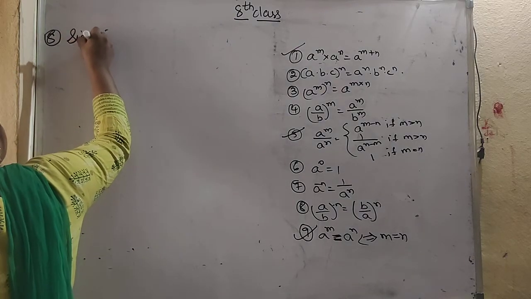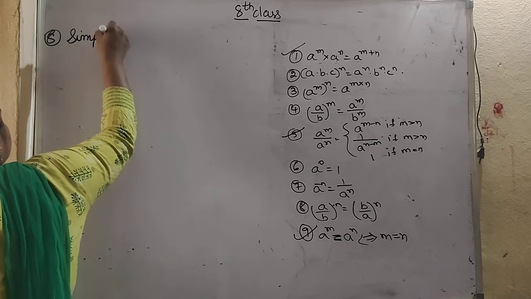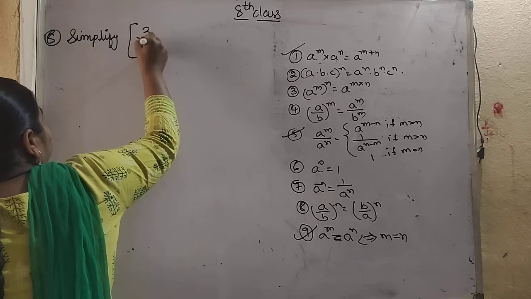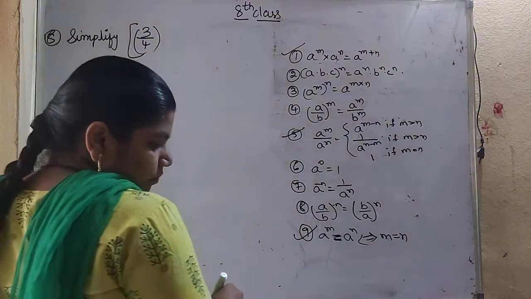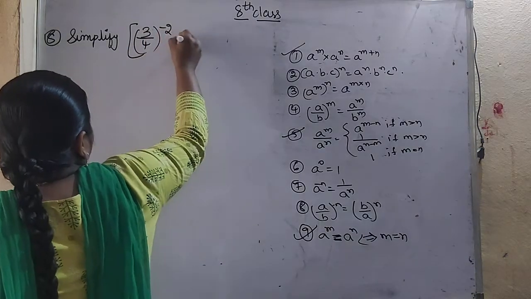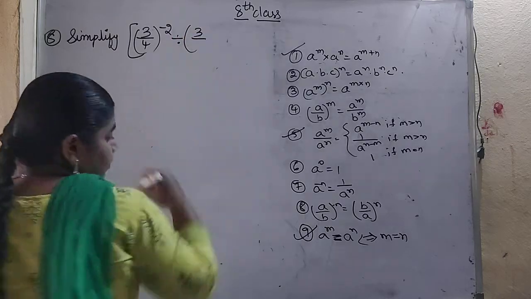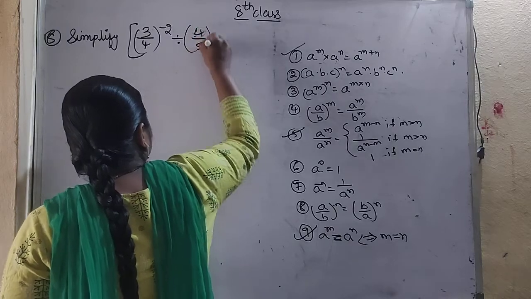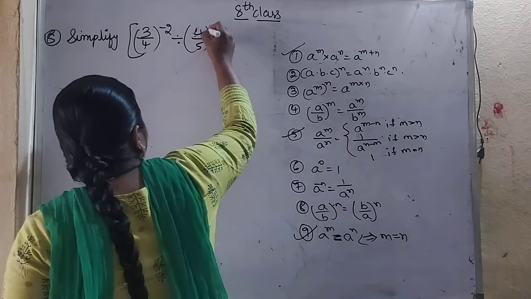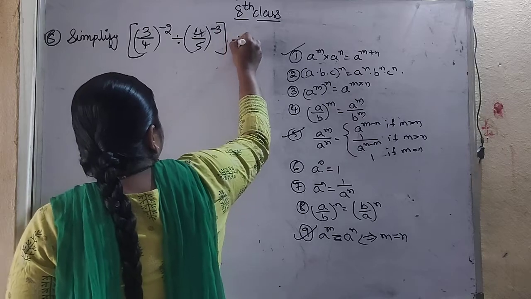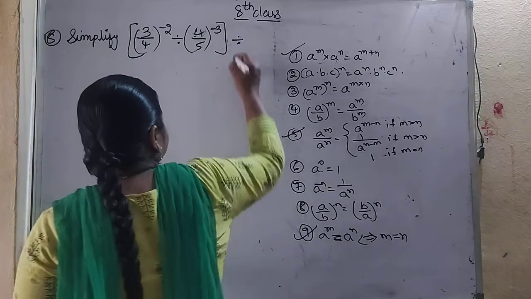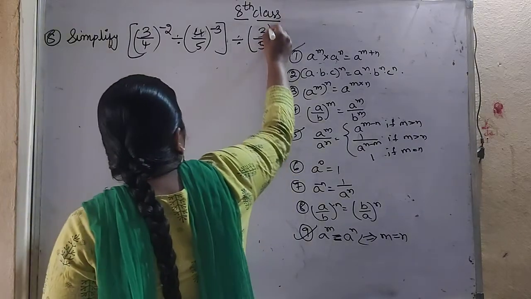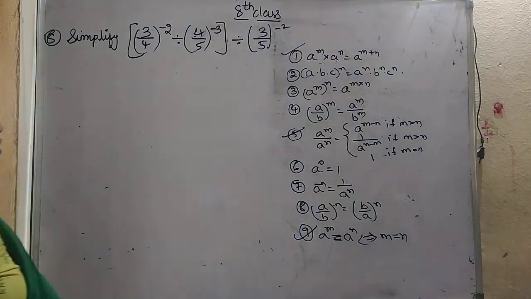Simplify 3 by 4 whole power minus 2 divided by 4 by 5 whole power minus 3 divided by 3 by 5 whole power minus 2. So this one we have to simplify.